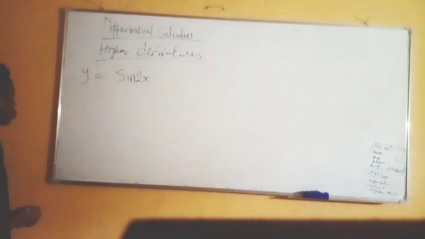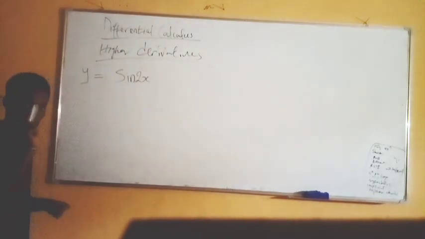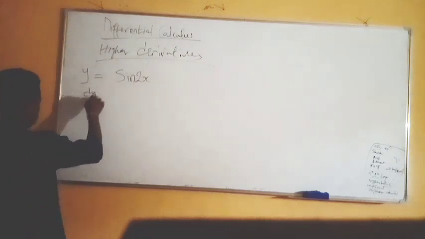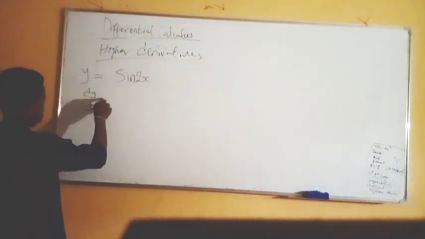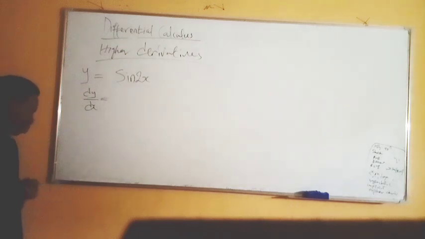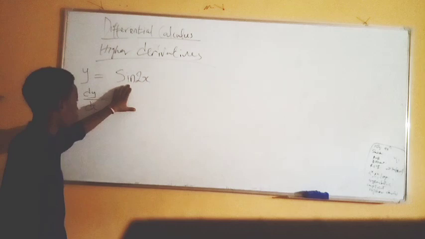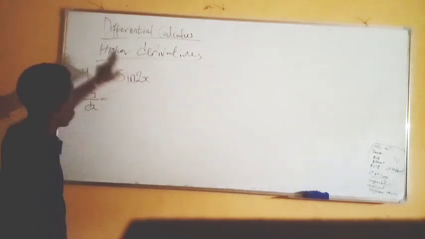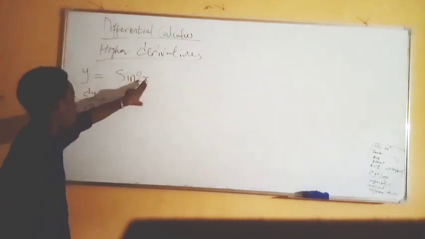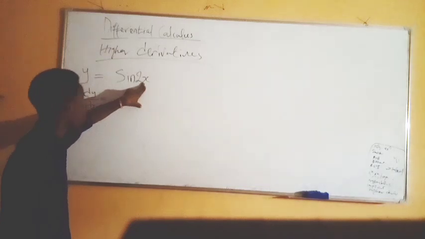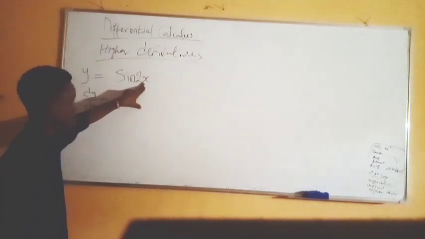It's quite simple. Of course, the first derivative is dy/dx, the first time we differentiate it. How do we differentiate this? Like I said before, in this case it's a function of a function. We have two functions here: the sine function and a binomial function, or a polynomial function, as the case may be.